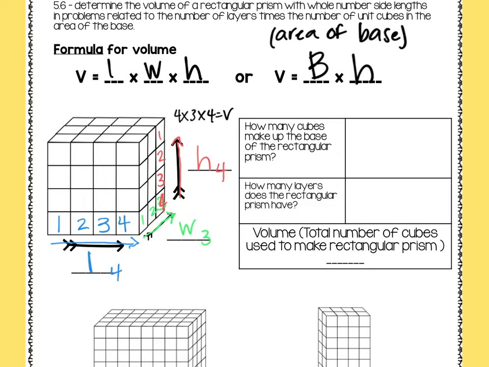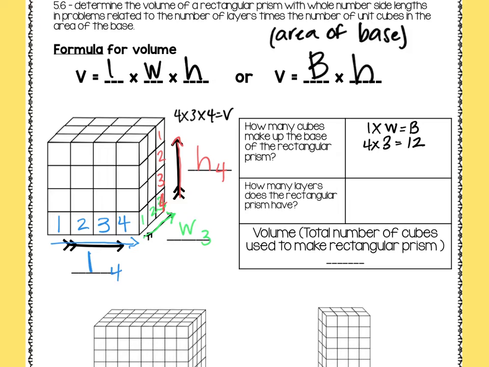And whenever I multiply my length times my width, so when I multiply my 4 times my 3, that is going to give me the area of the base. So 4 times 3 is going to equal 12. So 12 cubes will make up the base of my rectangular prism.